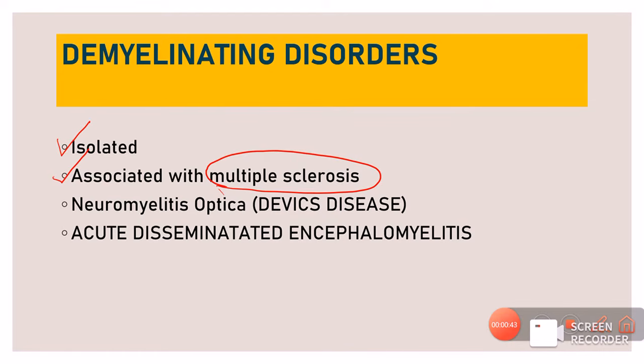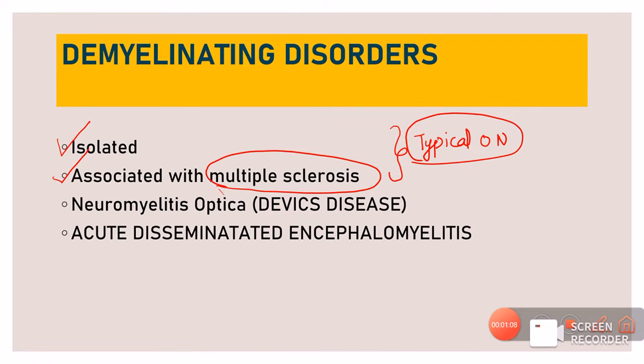So this is the most common association with optic neuritis, and that is multiple sclerosis. This association is so common that we usually label these patients with isolated optic neuritis or with multiple sclerosis as typical optic neuritis, right? These are called the typical optic neuritis cases.